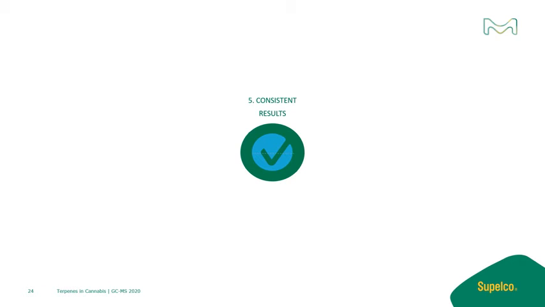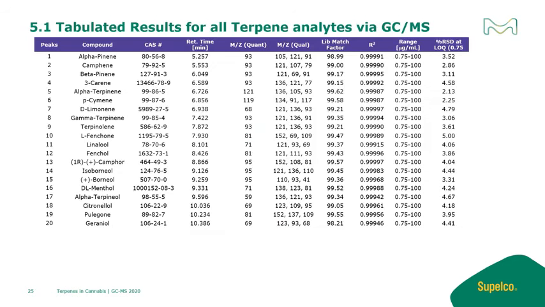Having a robust method of extraction, as well as robust instrument parameters in our GC-MS systems, allows us to obtain results that are very linear and very reproducible, R-squares of 0.99 and above in the range of 0.75 to 100 micrograms per mil, and the RSDs are typically lower than 5%.